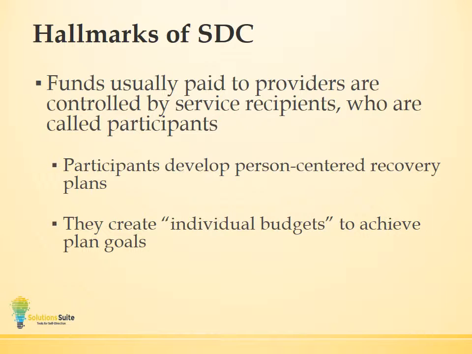In SDC, public funds that usually go directly to service provider organizations are controlled instead by service recipients. In order to make this happen, SDC program members, called participants, first develop person-centered recovery plans. They also create individual budgets that specify the goods and services they plan to buy to achieve their recovery goals.